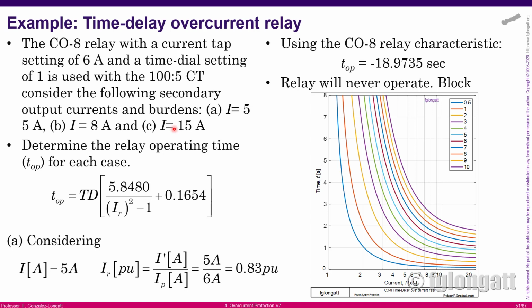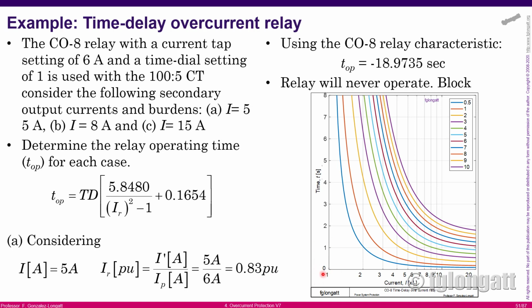Now the question is, what is the relay operating time? And it's extremely simple, to be honest. What we need to know is for the first condition, 5 amps. In this case, the pickup current is 6. That means in per unit, that value is 0.83, okay?